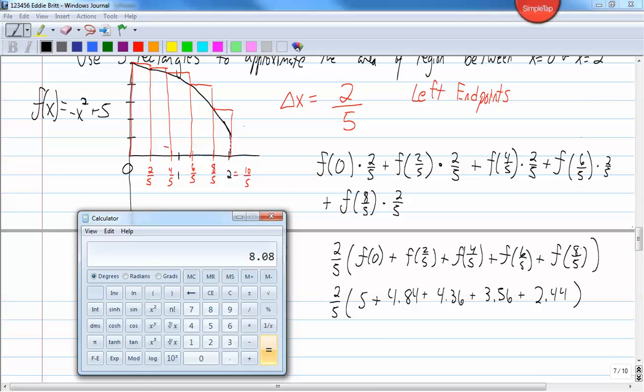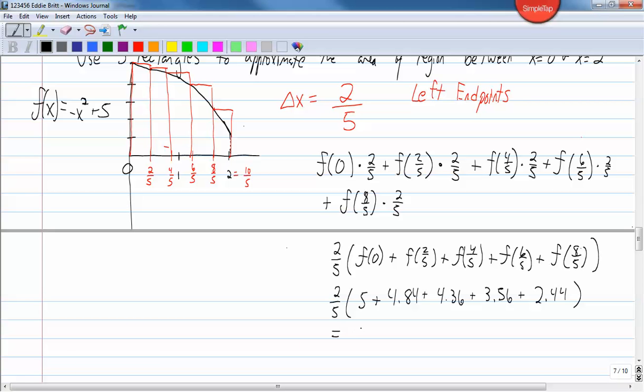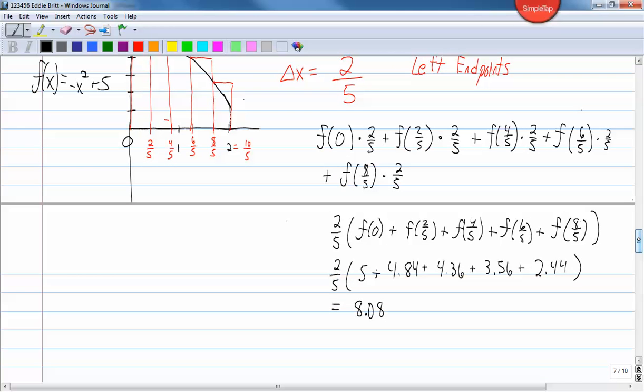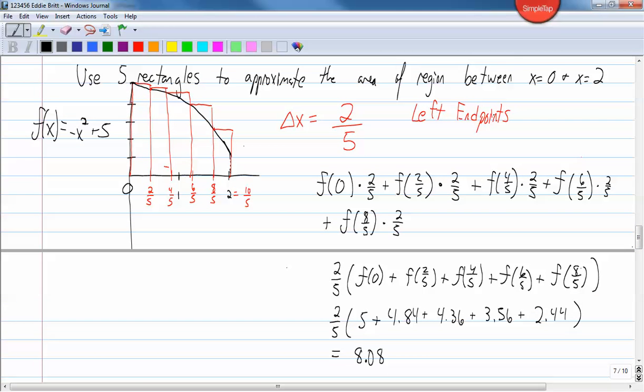Alright, so I get 8.08. So what that means is I may not know what the area under this curve is, but I know that its upper sum, if I make 5 rectangles, I can estimate it to be about 8.08. So we know the actual will be less than that. So that's using left endpoints.